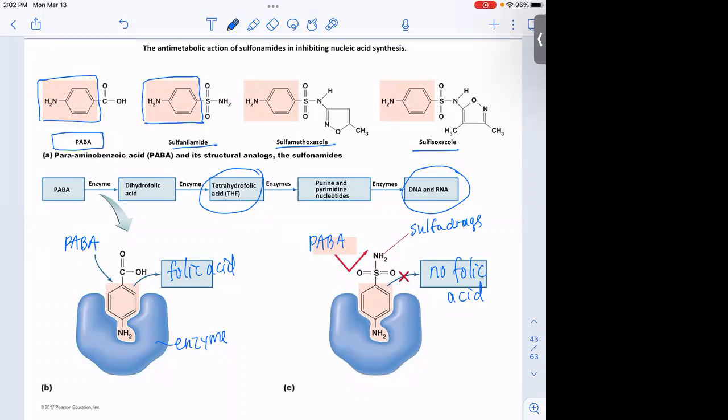So this is really essentially what kind of inhibition is this? Right, competitive inhibition. Okay, because that drug is binding to the active site of that enzyme necessary to make folic acid and making it so the substrate cannot bind. Okay, so active sites.